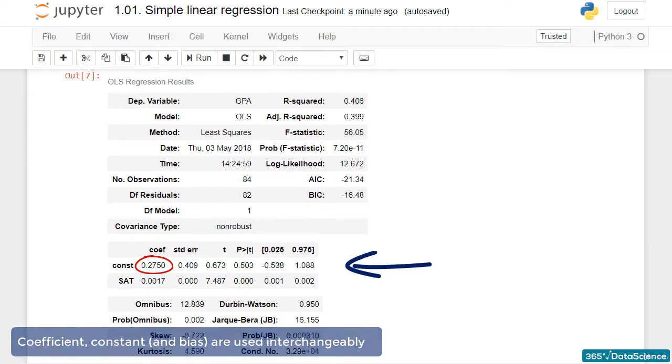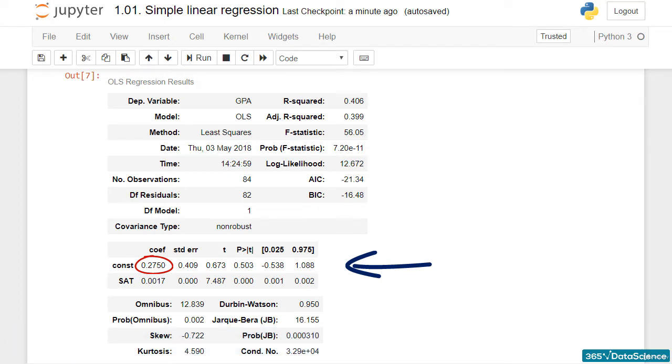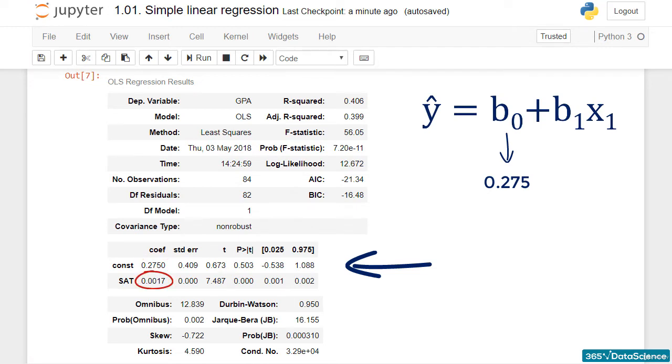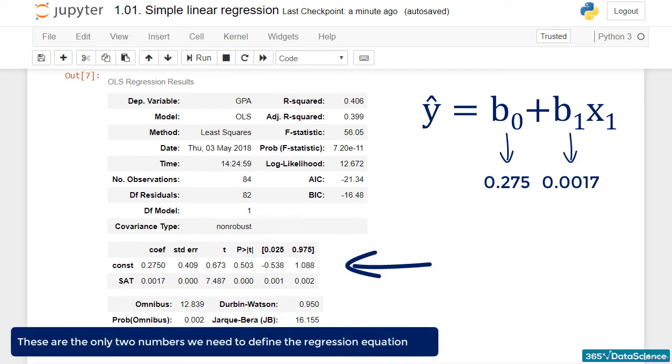In any case, it is 0.275, which means B0 is 0.275. Looking below, we notice the other coefficient is 0.0017. This is our B1. These are the only two numbers we need to define the regression equation.